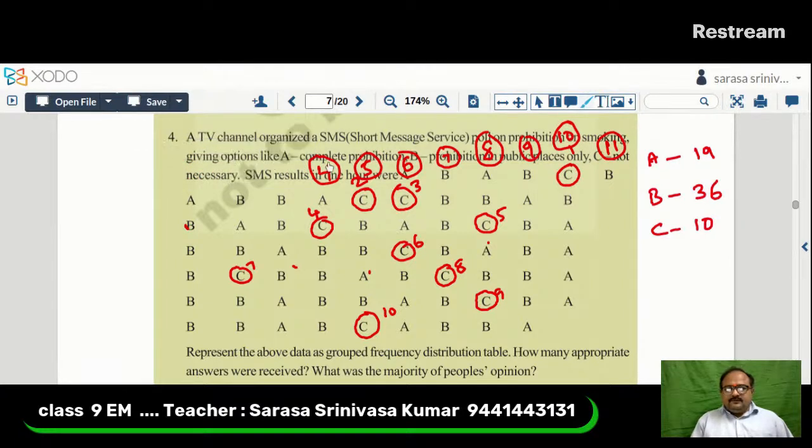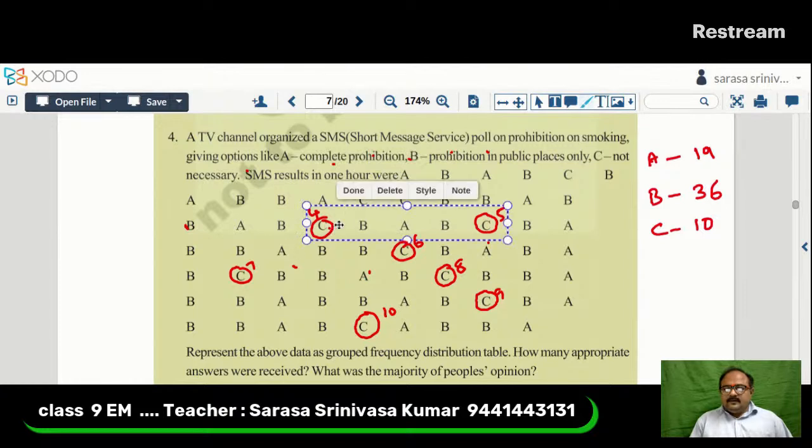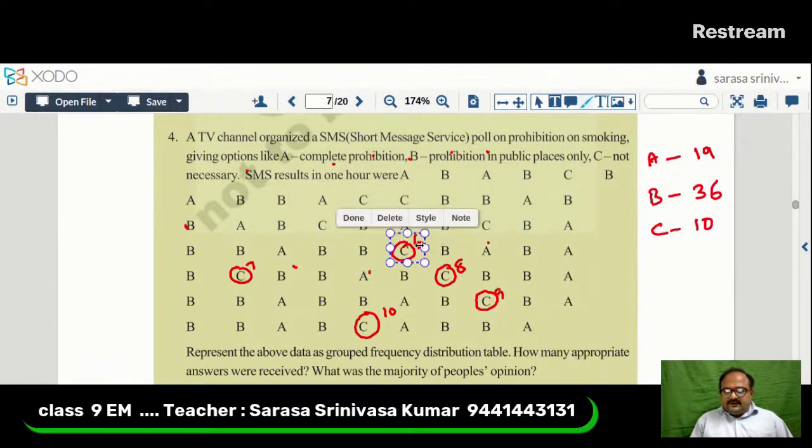Now let us prepare the required table, and after that we will answer the questions. What is the first question? How many appropriate answers are there?